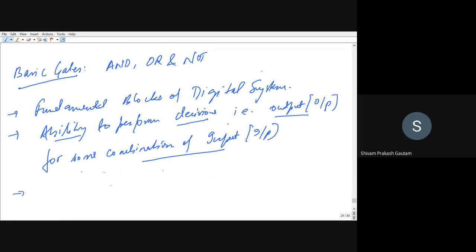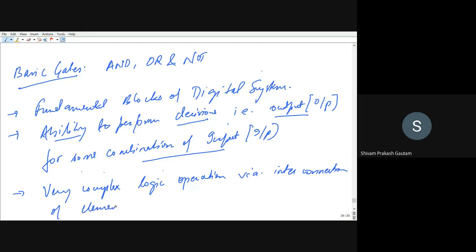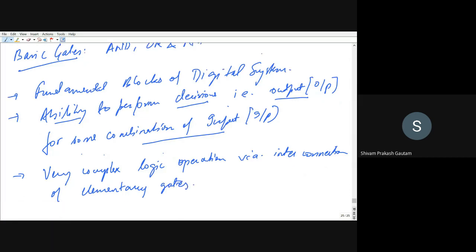It is able to perform very complex logical operations via interconnection of elementary gates. Elementary gates, that means AND or NOT, or we will see some more gates, right?